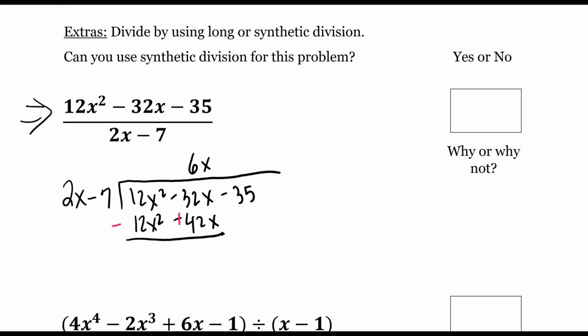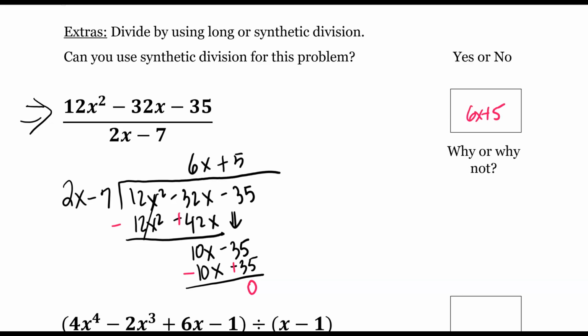Change your signs, you will get 10x, bring down the next term and start over. 2x times what is 10x? 5. 5 times 2x minus 7 is 10x minus 35. And when you change your signs, you do not have a remainder. So your answer is 6x plus 5.